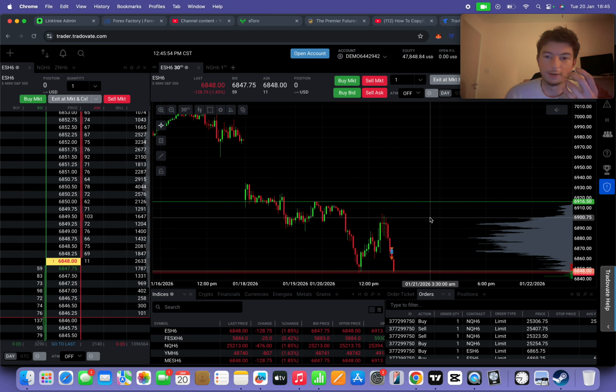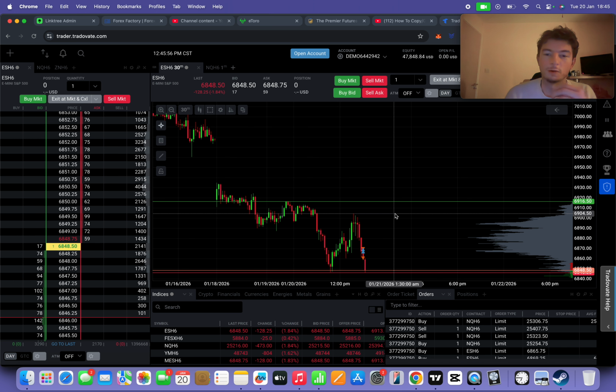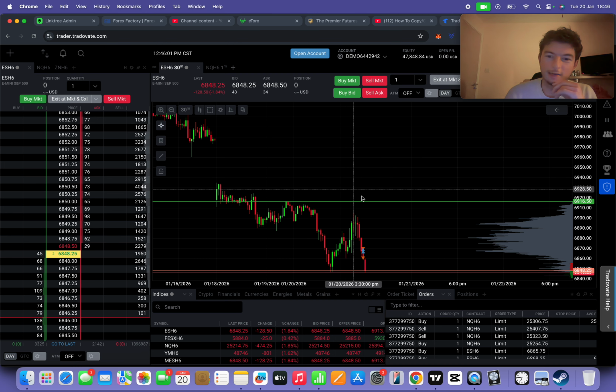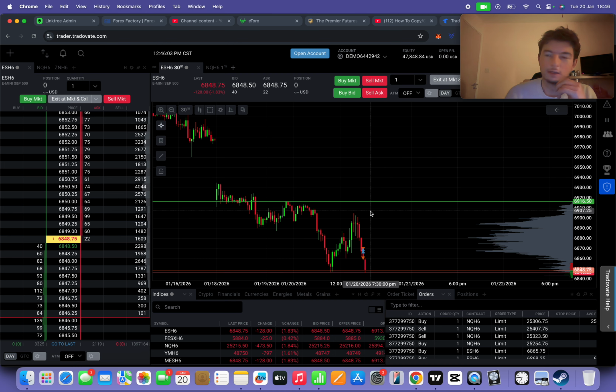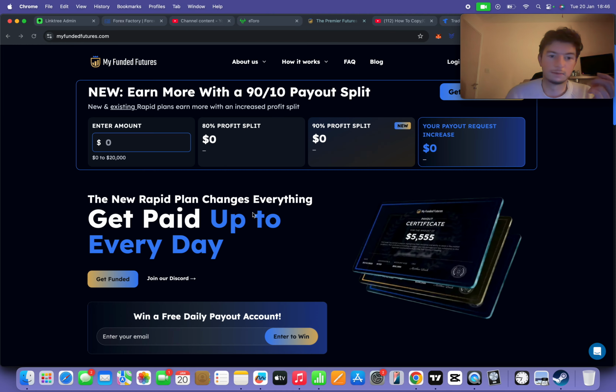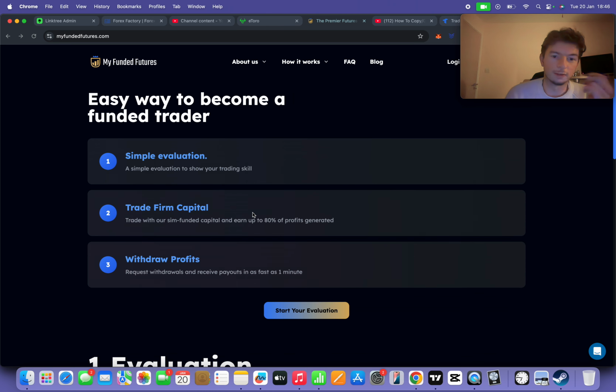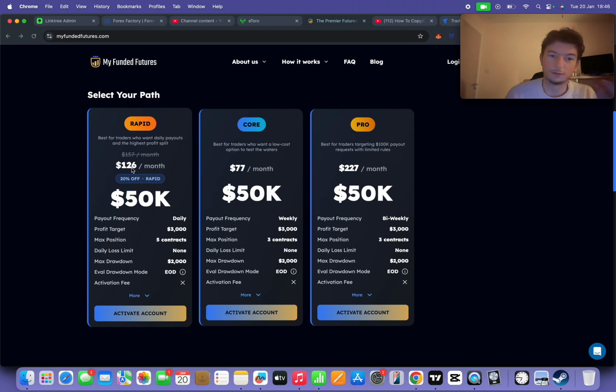Granted, I do still pay rent here, but it's just much more in my own flat. And just having that scale in an account, with a small monthly cost, $126 a month, that's a lot more manageable than trying to grow a live account with my own funds every month.